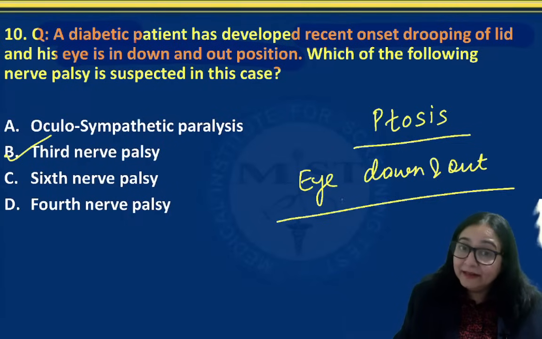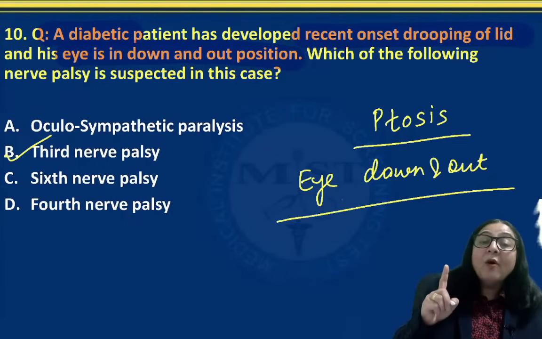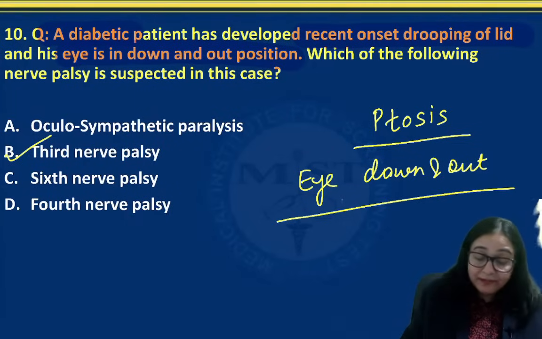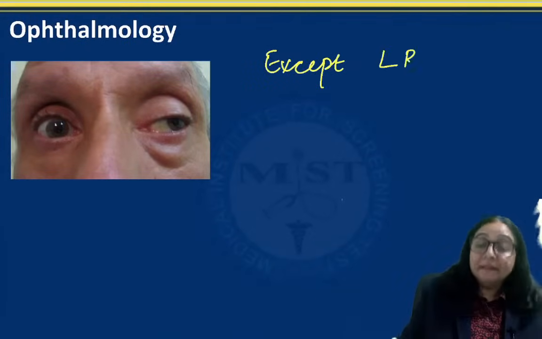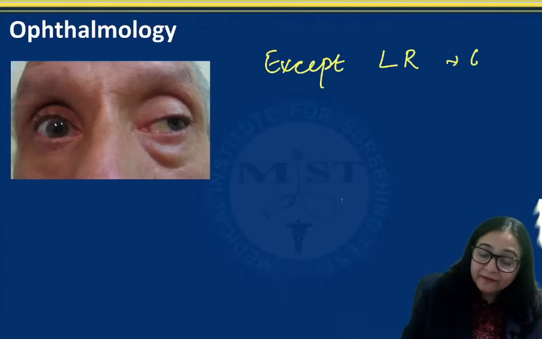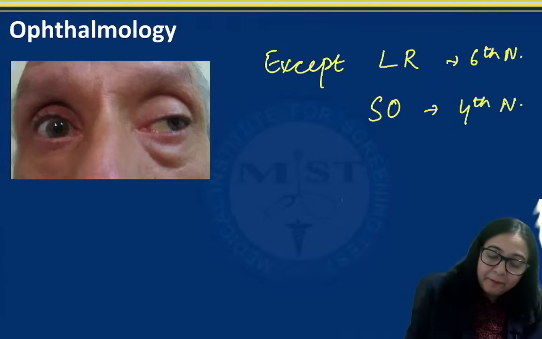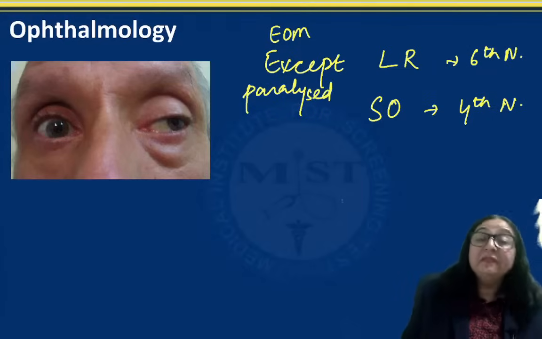It is a third nerve paralysis because all the muscles, bache, all the muscles except lateral rectus, which is supplied by the sixth nerve, and superior oblique, which is supplied by the fourth nerve, are paralyzed. Extraocular muscles are paralyzed except these two.